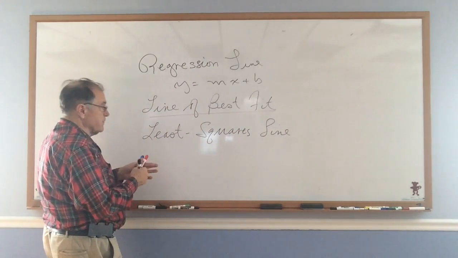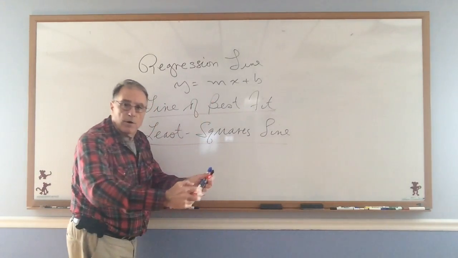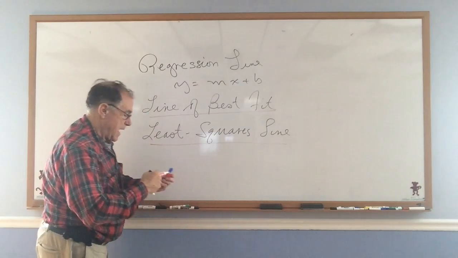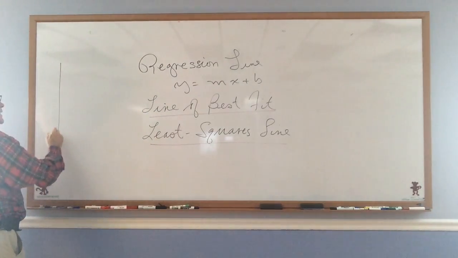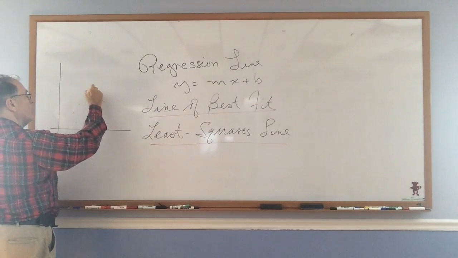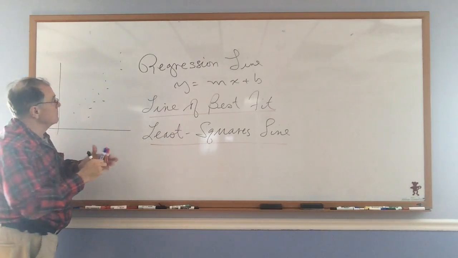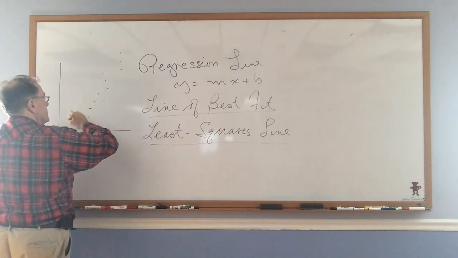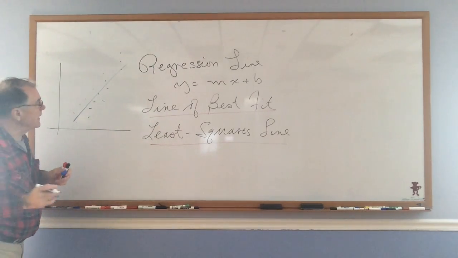The reason is that the line is going through our data points, and it's the best fit. It's the best line we can draw through our data points. So, for example, let's say here's our points, here's our line. This is the line of best fit.